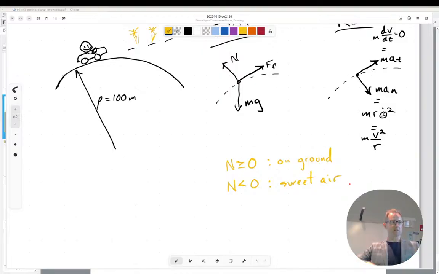Your suspension is completely unloaded, but your wheels haven't left the ground. But if you're calculating N as an actual negative number, at that point you would have left; somehow you have enough momentum that you would have just taken off. That's why I said more than or equal to rather than more than.